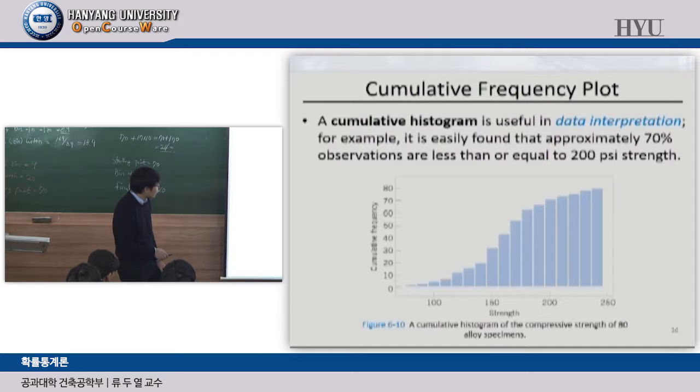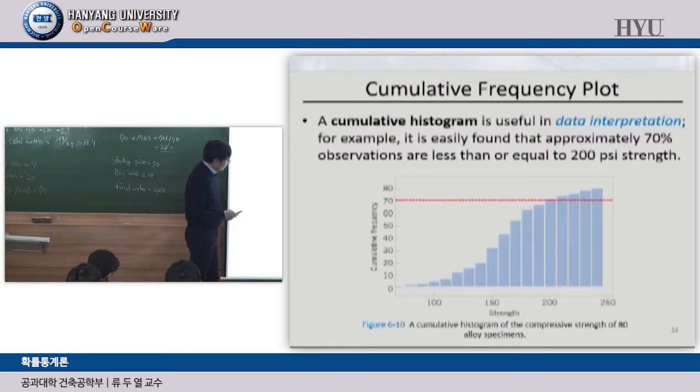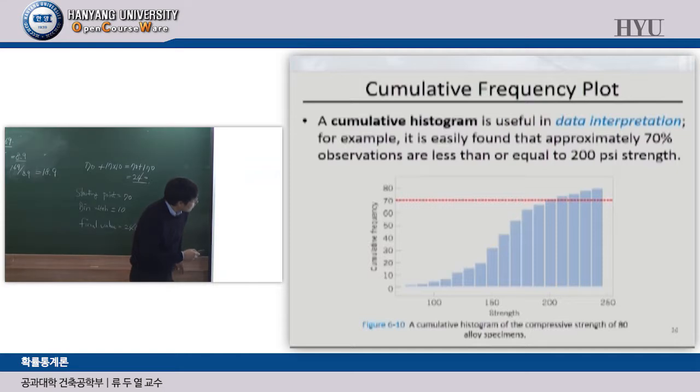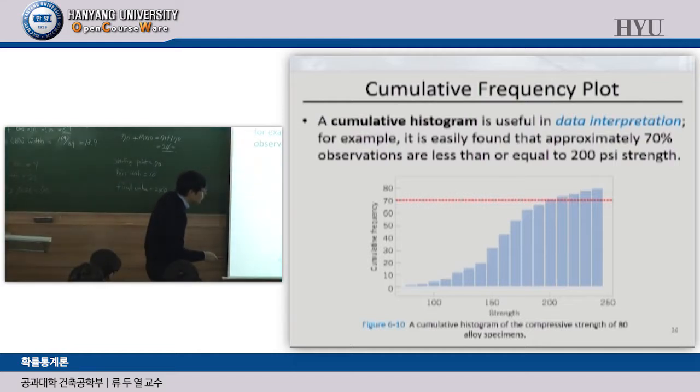The Y axis is the cumulative frequency. From this histogram, we can easily find out that 70% of the tested samples have a compressive strength less than or equal to 200 pounds per square inch.